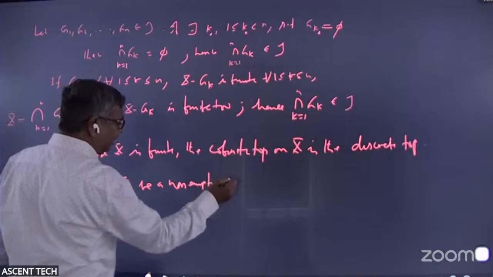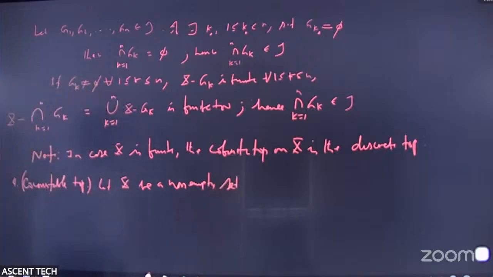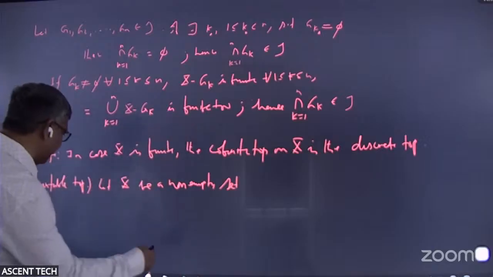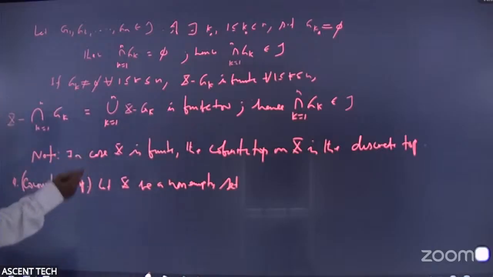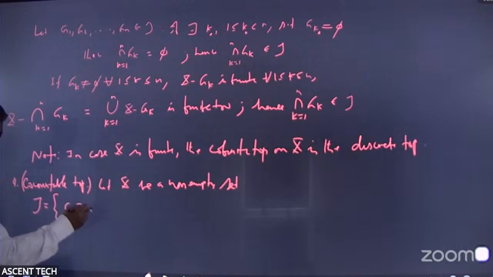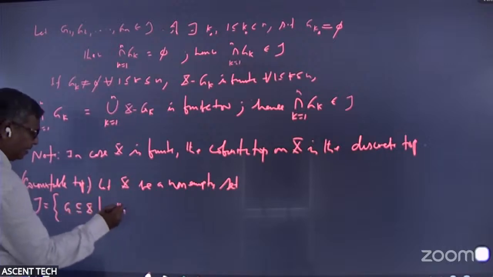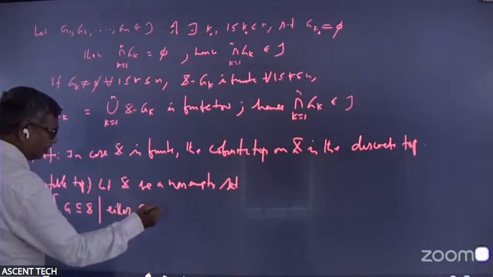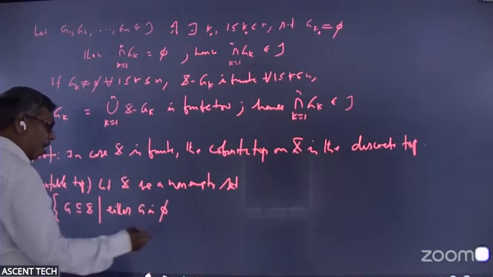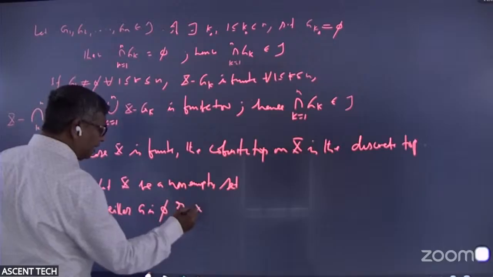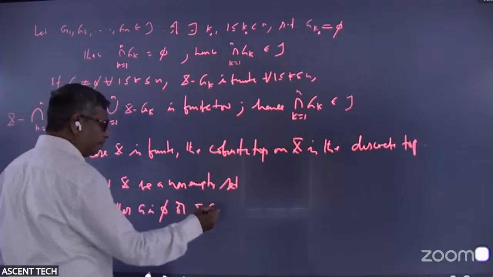Preferably an uncountable set will be better, otherwise you will degenerate to the discrete topology again. Let X be a non-empty set, preferably uncountable, and T consists of all subsets G of X where either G is empty, or X minus G is countable.